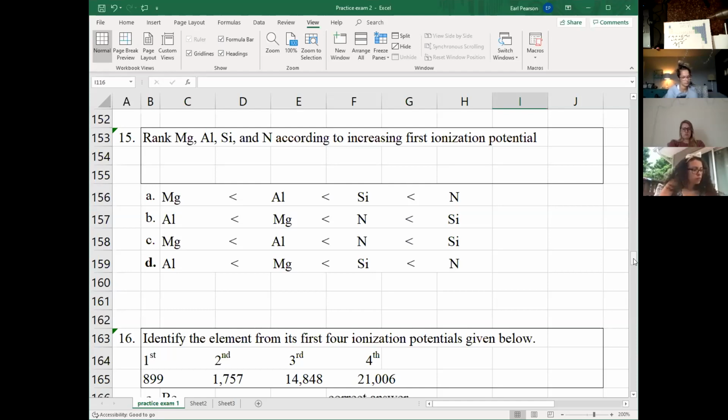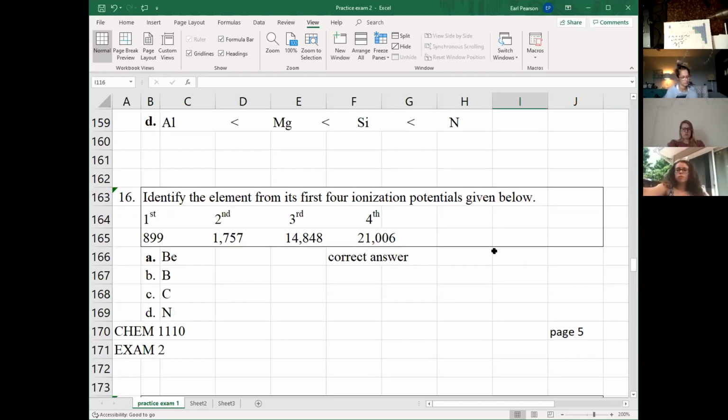Now this one, we want to identify the elements from its first ionization potentials. So I want you to look at the numbers. The difference between these two is what, 900 here. So it's about 800 units here. But from here to here, it's 13,000 difference.